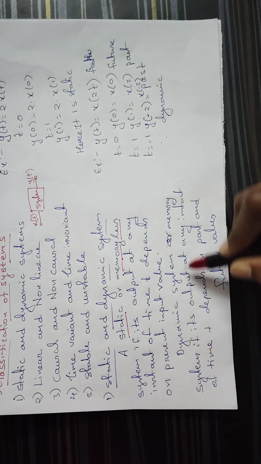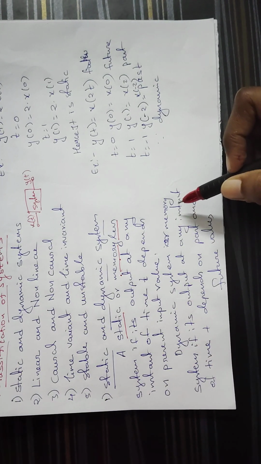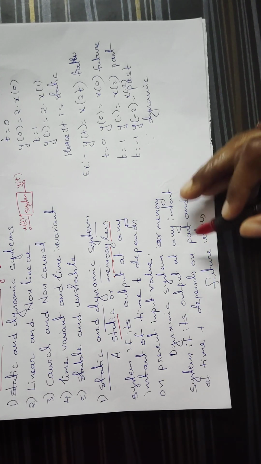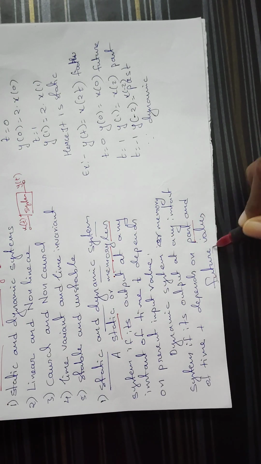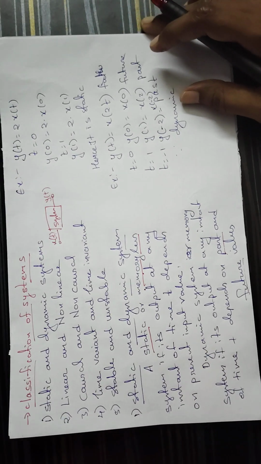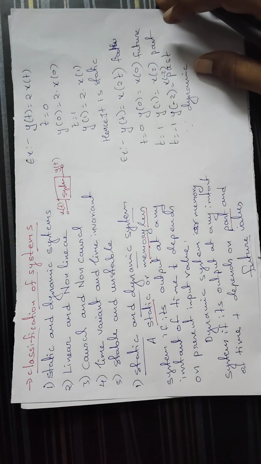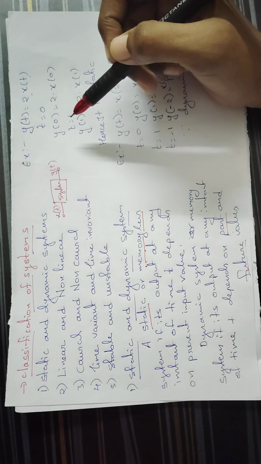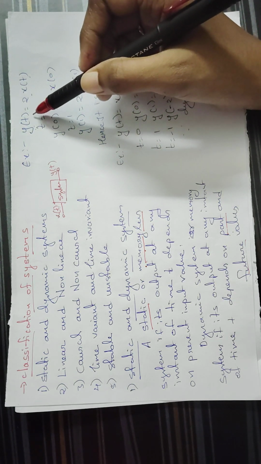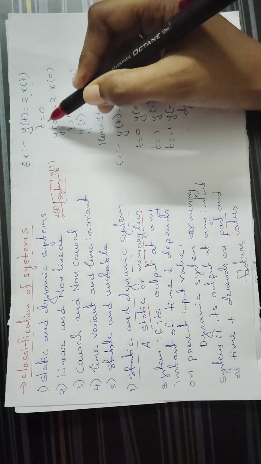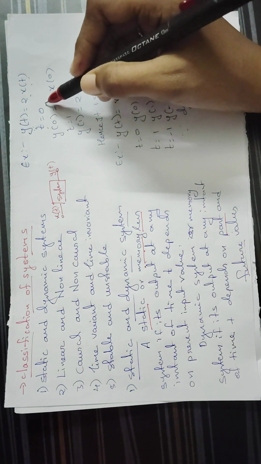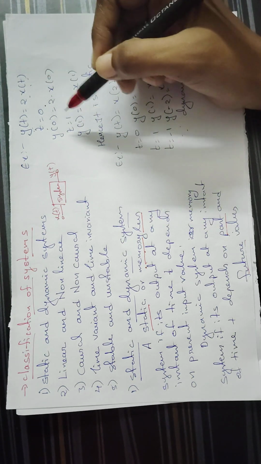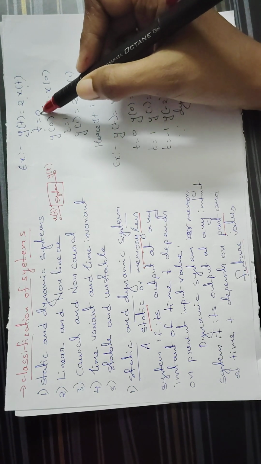A dynamic system is a memory system, because its output at any instant of time depends upon past and future values. Let us see some examples on static and dynamic systems. Take y of t equals 2 into x of t. We have to find whether the system is static or dynamic. Take any instant of time: t equals 0, t equals 1, t equals 2.